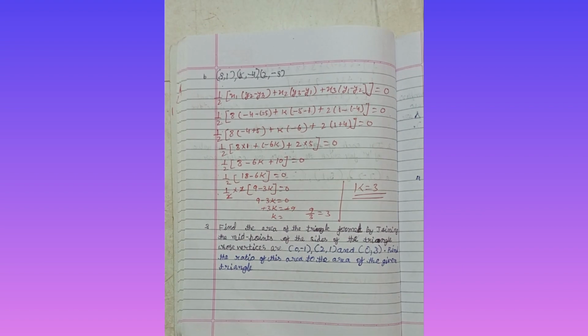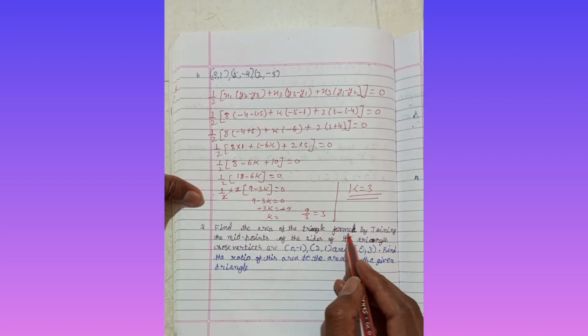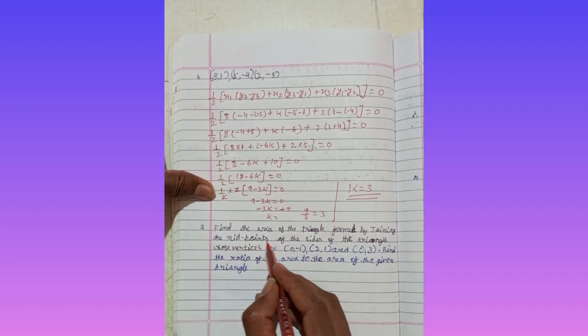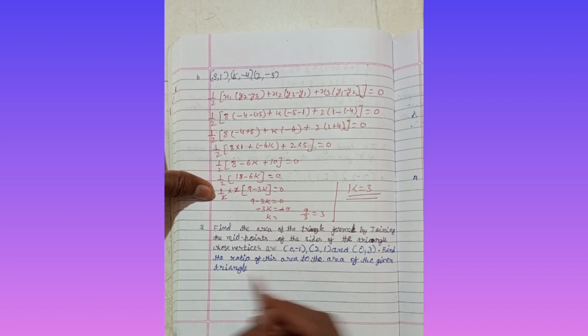Now we go to the third question in this exercise. It says to find the area of the triangle formed by joining the midpoints of the sides of a triangle whose vertices are given, and find the ratio of this triangle's area to the area of the given triangle.